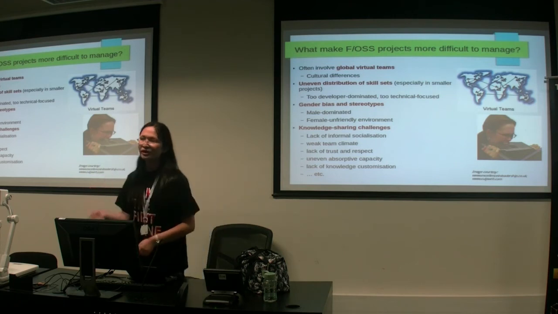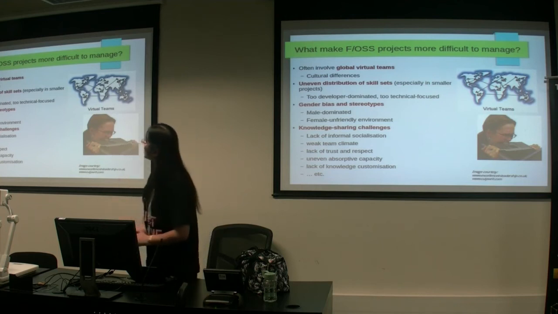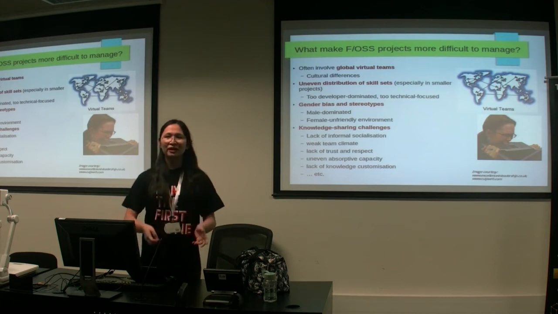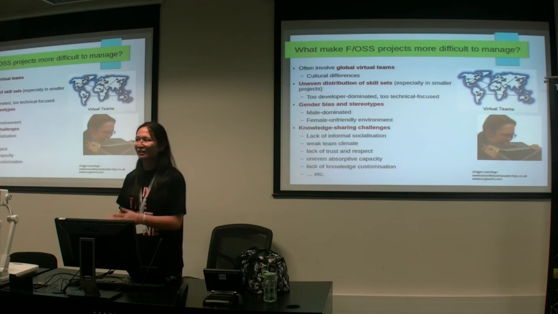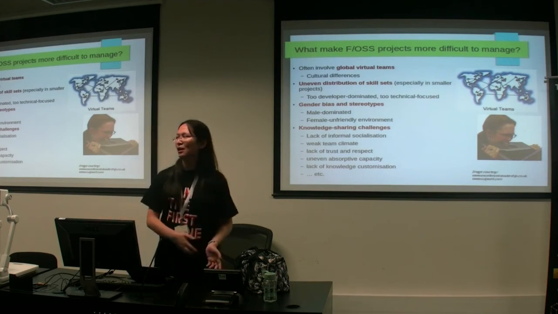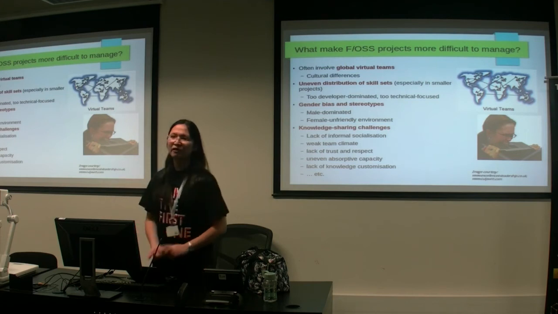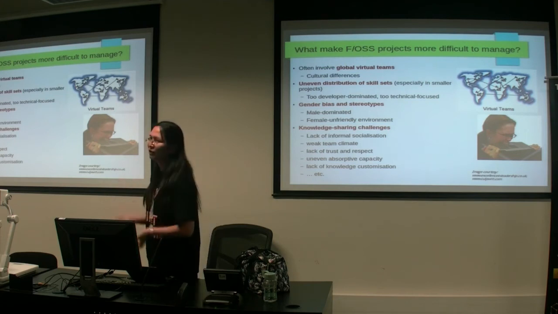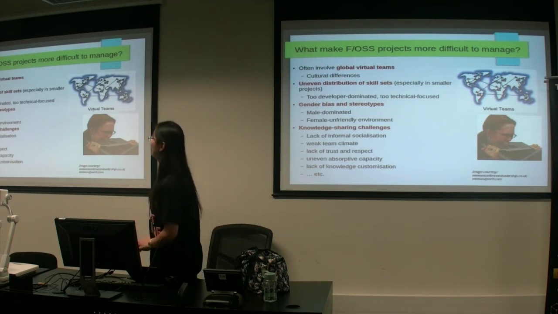There are cultural differences. There is an uneven distribution of skill sets, especially in smaller projects where the projects were usually initiated by developers, not by the users or other people. So they can be too developer focused and too technical focused, and that would not attract the masses easily.